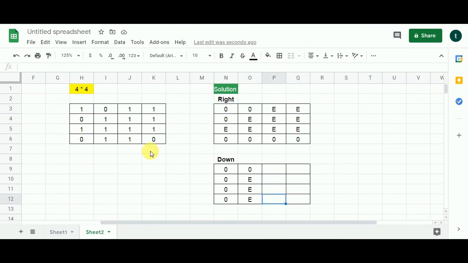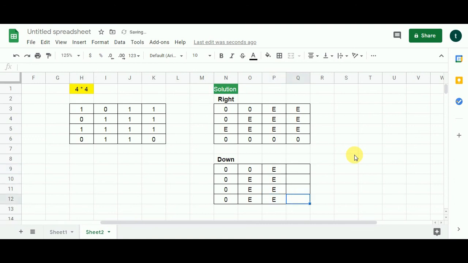From here we again have 1, so I'm going to mark it as E. Over here I have 1, so I'm going to again mark it as E. Over here I have 1 again, so I'm going to mark it as E, and over here I have 1 again, so this will be E.